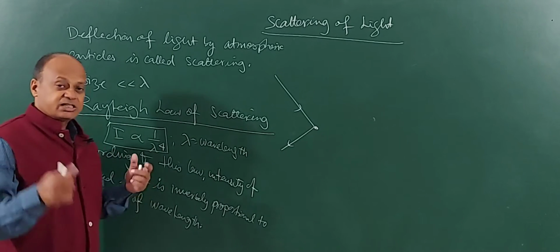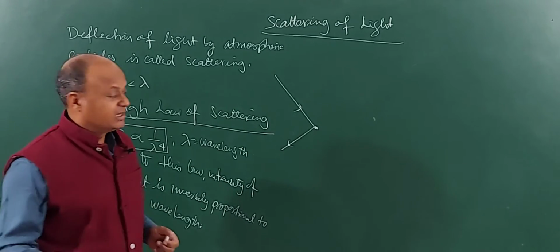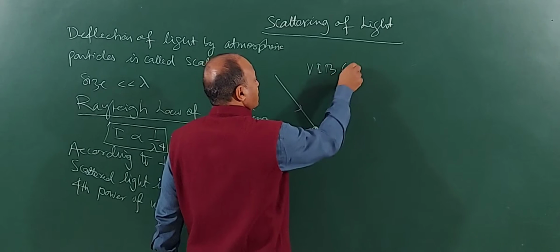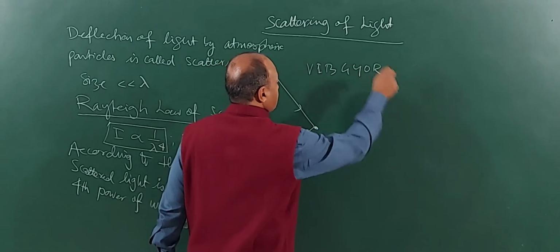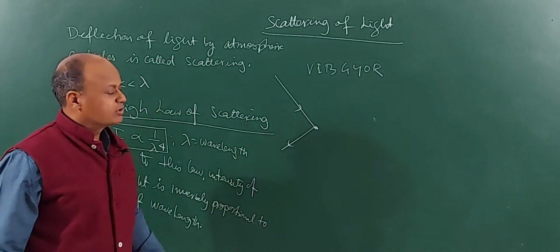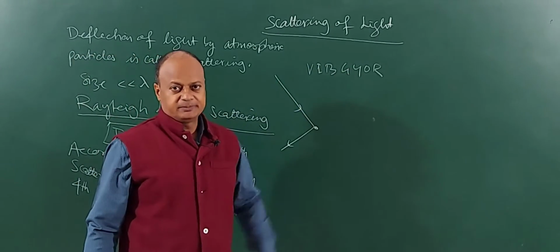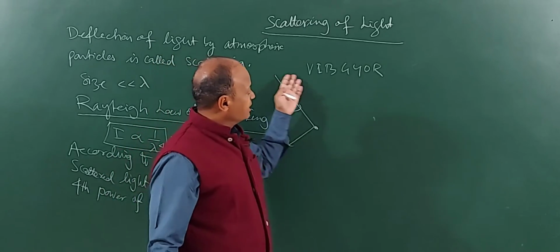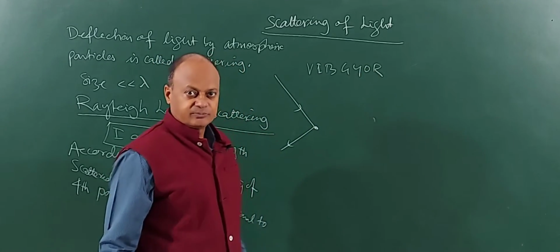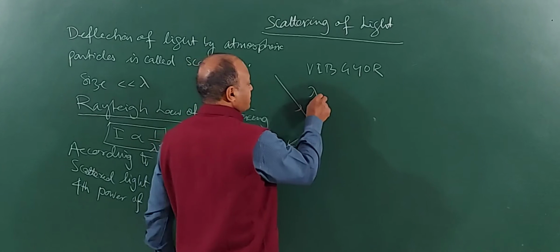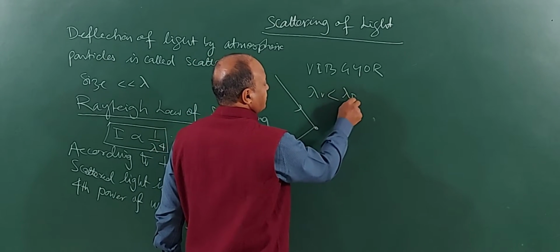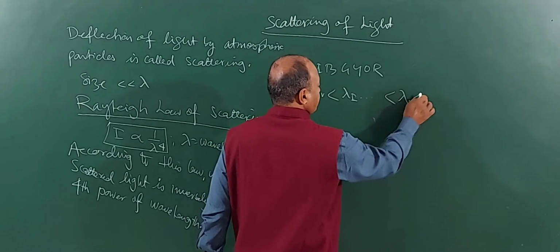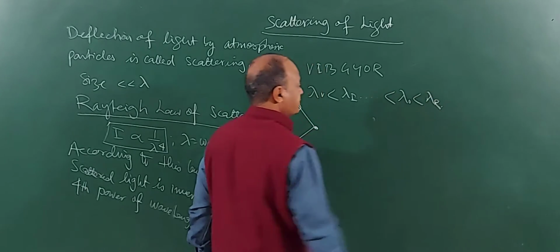So, let us see what is its consequence on the visible light. Visible light, as you know, consists of 7 colors, starting from violet to red. Children, we know that this is the increasing order of wavelength, meaning wavelength of violet is less than wavelength of indigo, and it goes on to the wavelength of orange, and finally the wavelength of red.